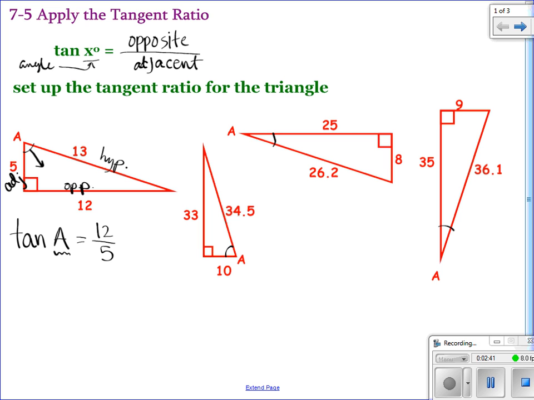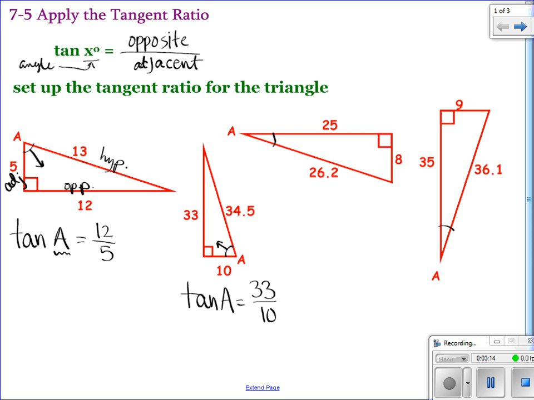So using that same idea on the next one, we've got tan A equals, and now we want the opposite side from angle A. Remember, you can always draw an arrow and it points at the opposite side, 33, over the adjacent side. And make sure you aren't picking the hypotenuse, even though it's adjacent to it, because that one has that special specific name. So the one adjacent to it that isn't the hypotenuse is 10.